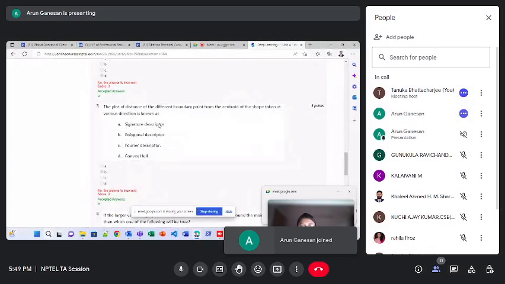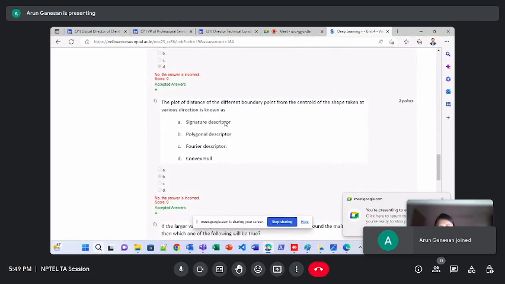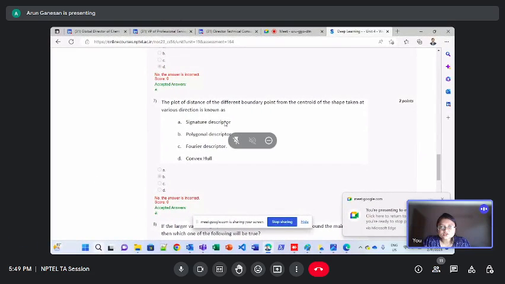This one. The plot of distance of the different boundary points from the centroid of the shape taken at various directions is known as... So what do you think the answer is for this?